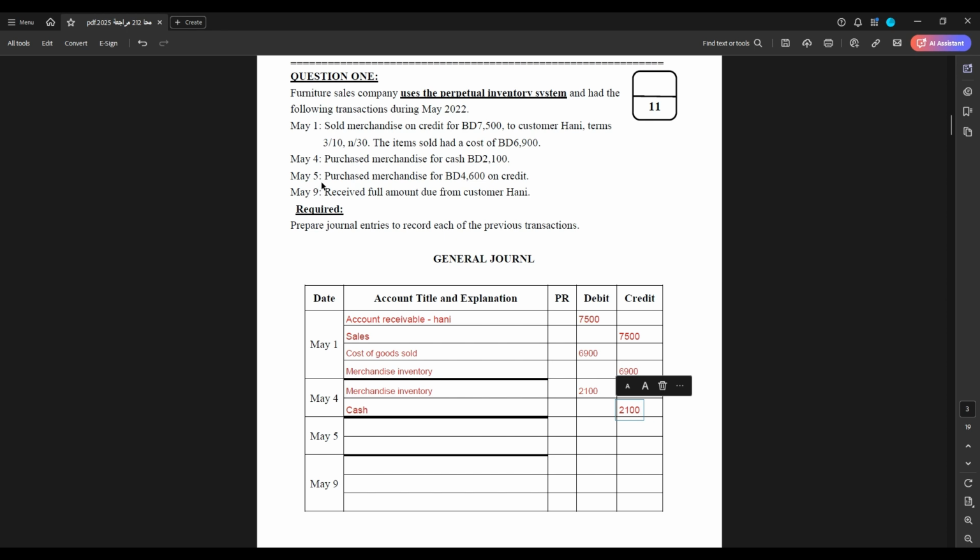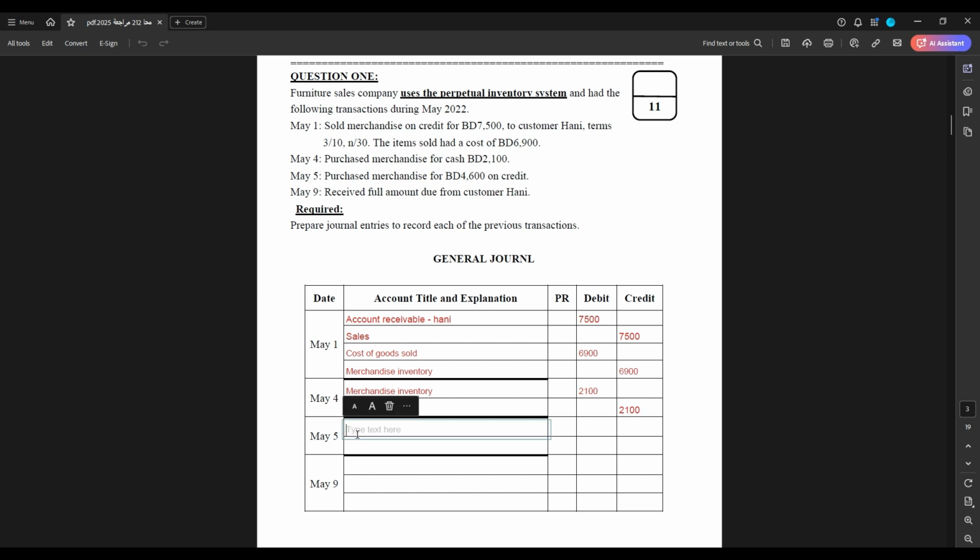On May 5, purchased merchandise for 4,600 on credit. So we'll have debit merchandise and credit accounts payable, because it was purchased on credit.